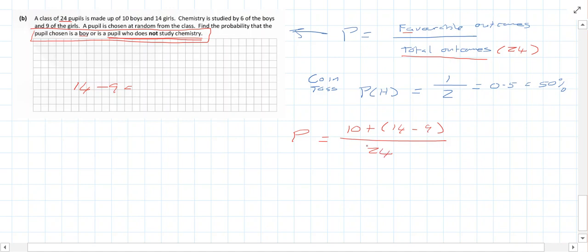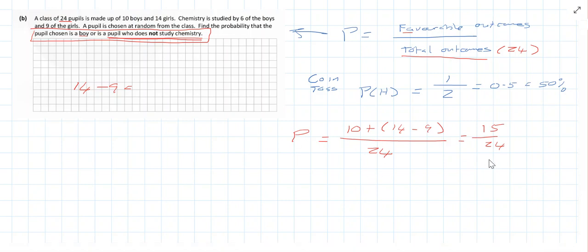Then we just have to work this out. 14 minus 9 plus 10 is going to be 15. So that's 15 over 24. So this is your probability.